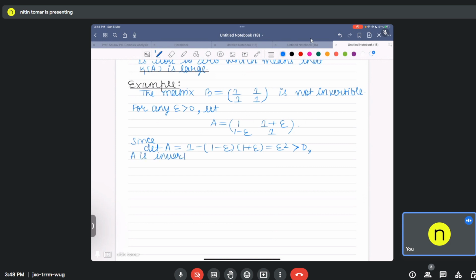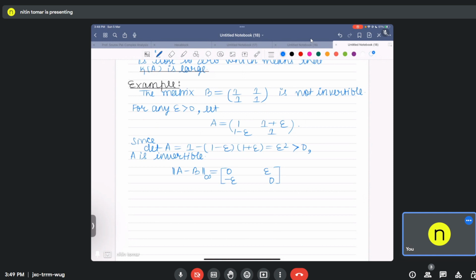Now can you see that A is very close to B? Only some epsilon change you have done, right? You see this A minus B. What is it? Tell me. Just 0, 0, epsilon, minus epsilon. So what will be the matrix norm subordinate to the L infinity norm?